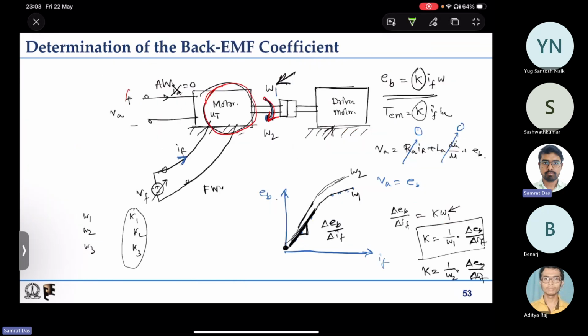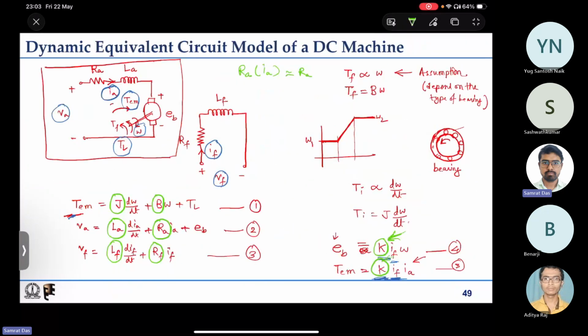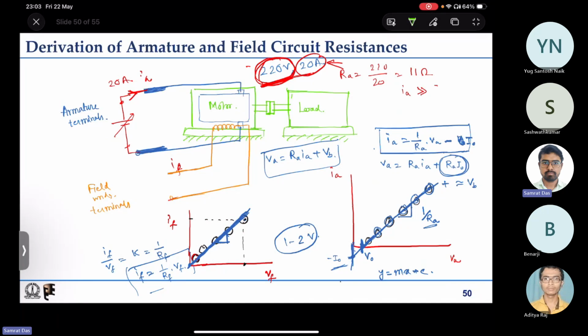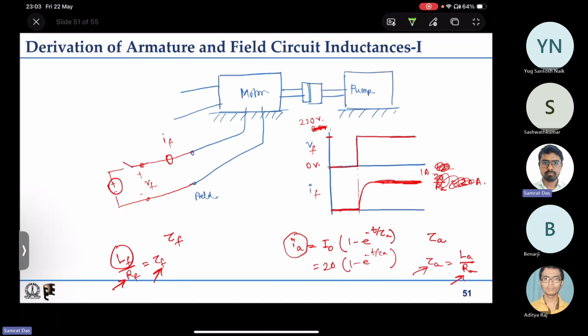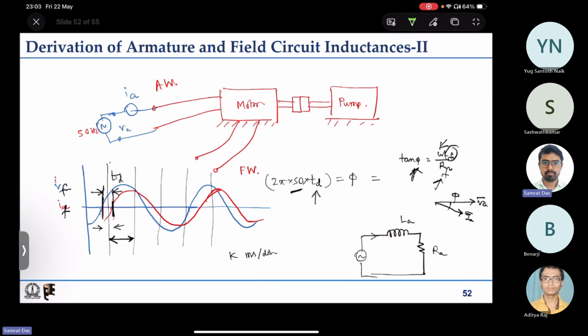So thus we got the resistances through the DC test. Then we looked at two methods to find out the inductances, one by giving a step change and measuring the time constant, another by exciting with AC voltage and measuring the phase difference.